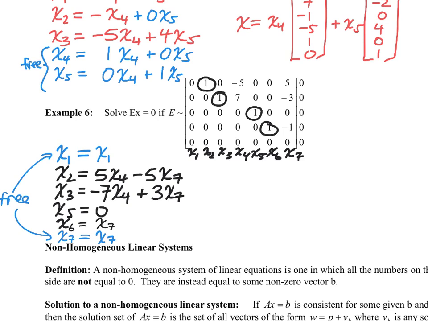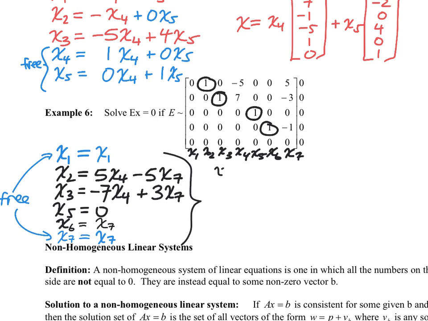So x sub 2, I want to be thinking of that as 0 x sub 1 plus all this stuff. Same thing with x sub 3, x sub 5, x sub 7, and then x sub 1, I want to incorporate the x sub 4 and the x sub 7. So this is like a way station before I get to my final answer.